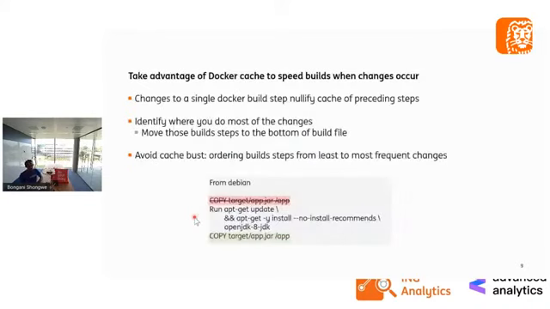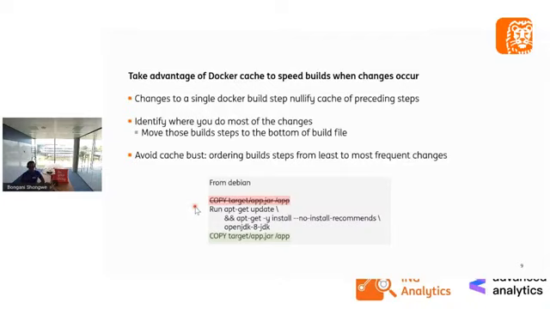The next thing: take advantage of your Docker cache in order to speed up your Docker build. When you want to do this, you need to realize that order is important when it comes to your Docker builds. If you make a change to a code line or to a Docker step, all the following steps in your Docker build will need to be rebuilt, and that's going to cause a Docker cache bust.